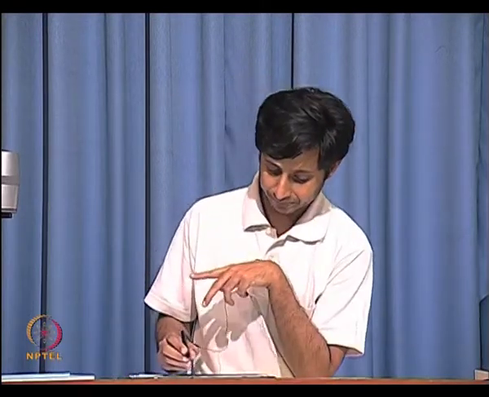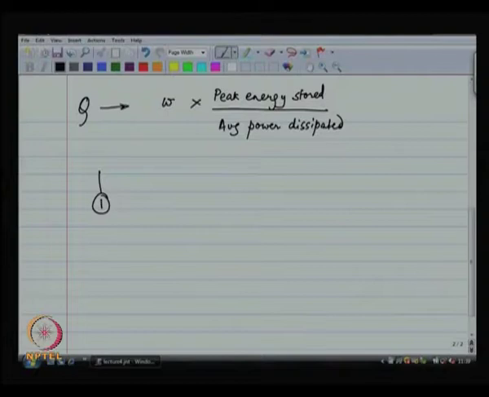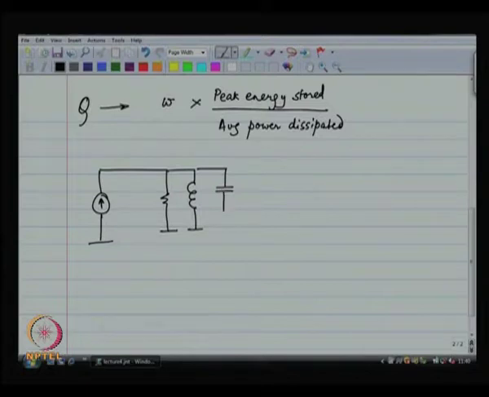Okay. So, this is the definition of the quality factor, and then we briefly analyzed two circuits, the series and the parallel RLC networks. We first looked at the parallel RLC network.